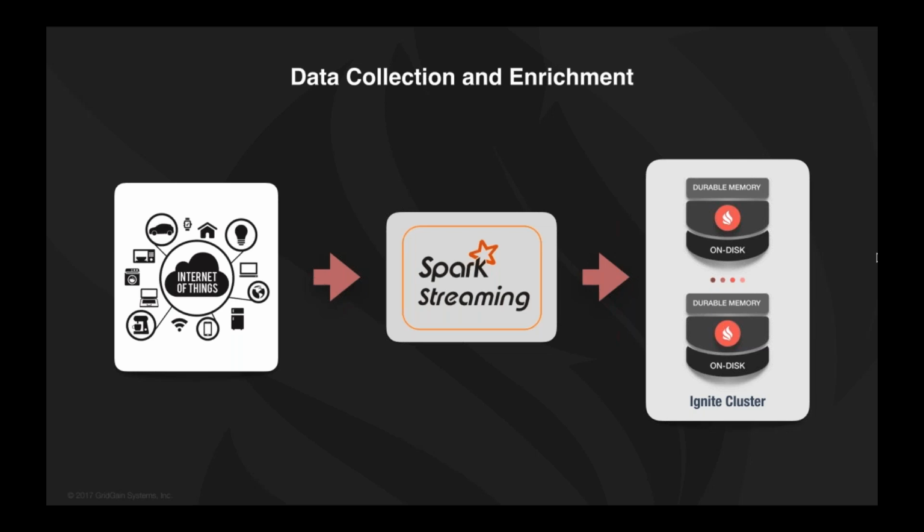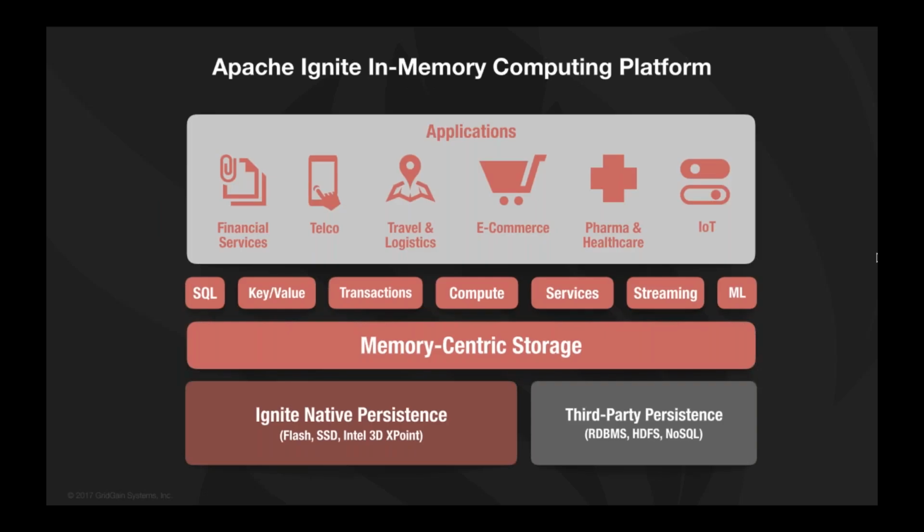And let me just briefly give you an overview of the storage itself, which is Apache Ignite. So Apache Ignite is a distributed database and a computational platform that is able to store data in both memory and on disk. This ability relies on so-called memory-centric storage.